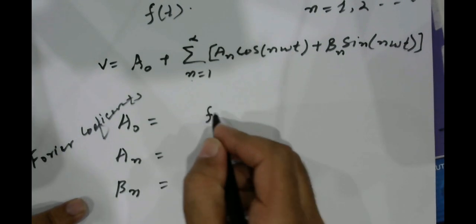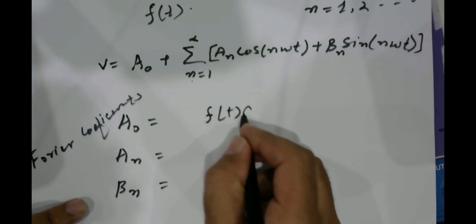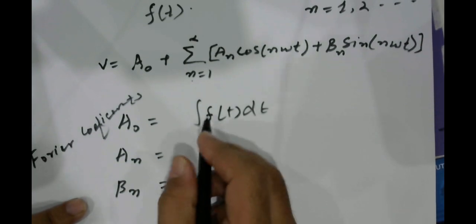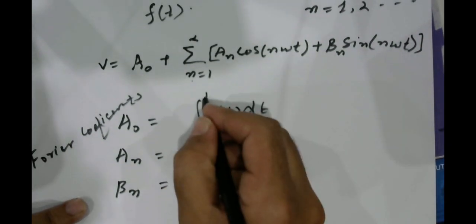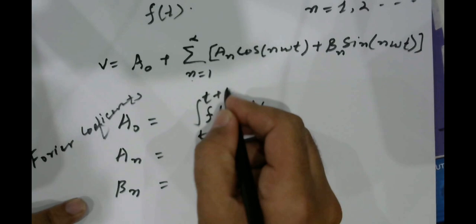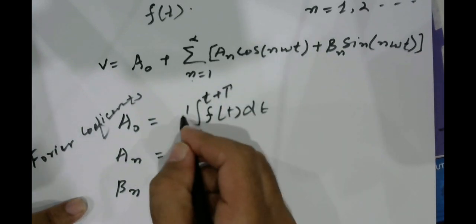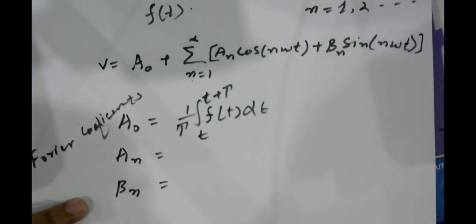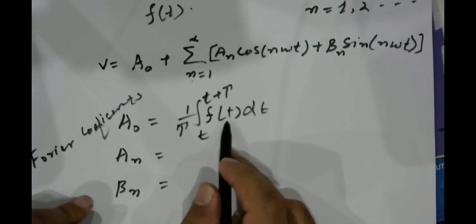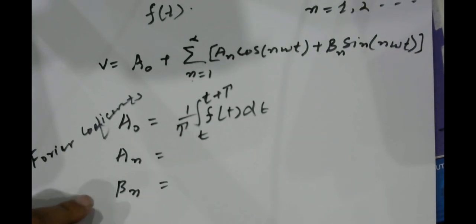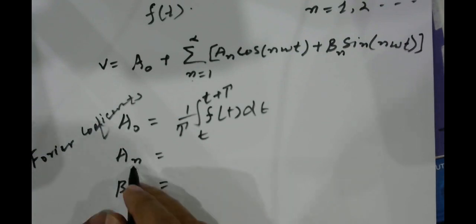How can you find the values of these? Say you are given a function f of t. For a naught, you just need to find its average value over the interval from t to t plus capital T, that is 1 by T times the integral. You just need to find your function's average value and you will get a naught. What about a n?